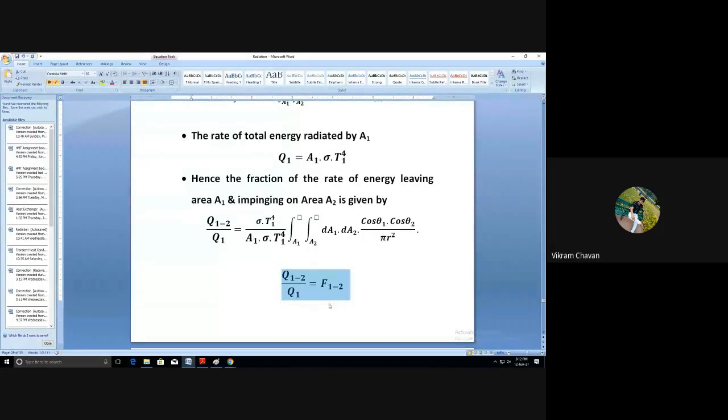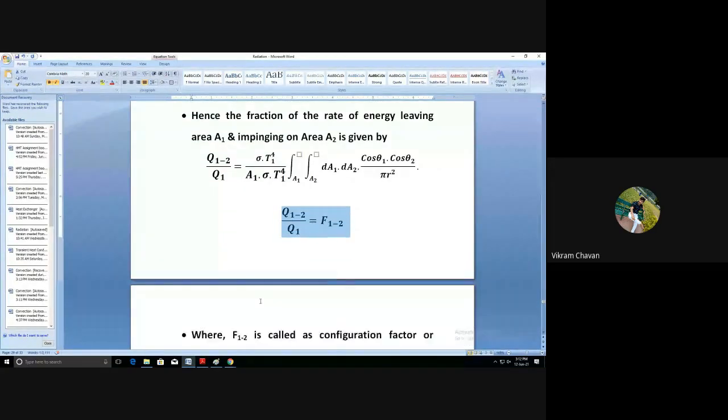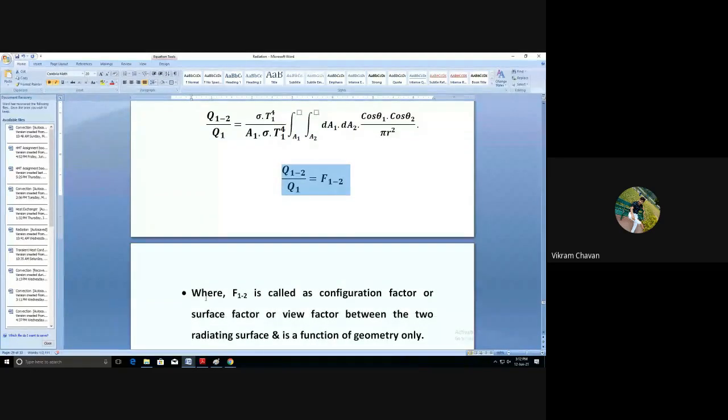Then this ratio Q1 to 2 divided by Q1 is equal to F1 to 2. So this F1 to 2 is called as configuration factor or surface factor or view factor between the two radiating surfaces and is a function of geometry only.